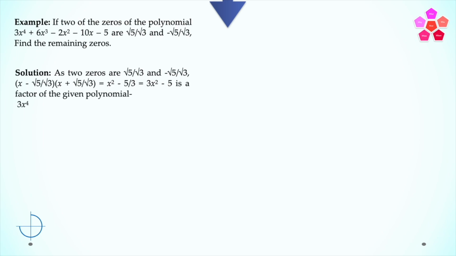Here we can see that 3x raised to the power of 4 plus 6x cubed minus 2x squared minus 10x minus 5 is our dividend. 3x squared minus 5 is our divisor.